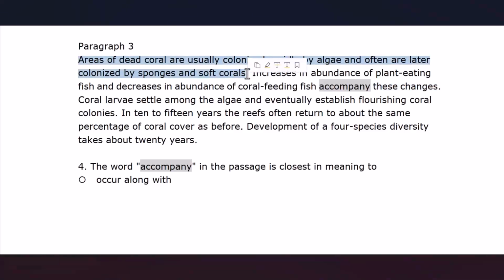Actually, these changes are areas of that coral usually colonized rapidly by algae and later colonized by sponges and soft corals. These changes means these changes here in the next sentence, the second sentence.